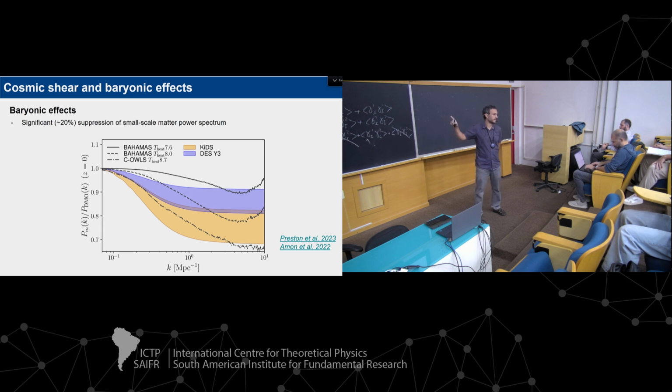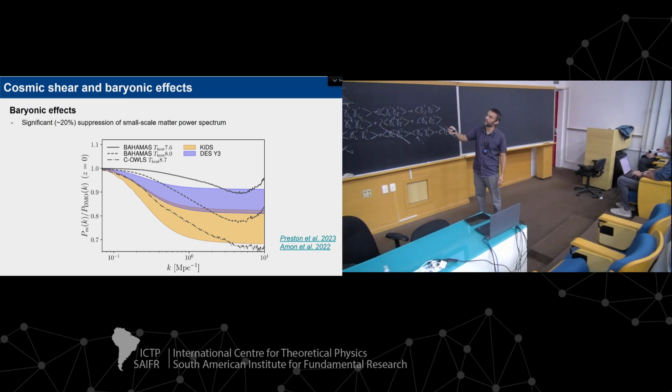This is a much smaller effect than going from the linear to the nonlinear, but it is a suppression. The point is that this one, the DMO, dark matter only power spectrum, we know this really, really well. We can model this from gravity only simulations at the 1% level if we have to, so that has no uncertainties in it. We don't really worry about the nonlinear effects because from a simulation we have those under control. The problem is that this one has a lot of uncertainty in it.